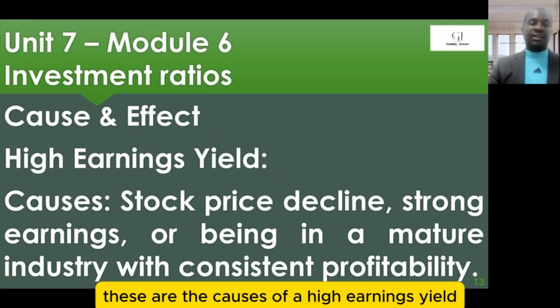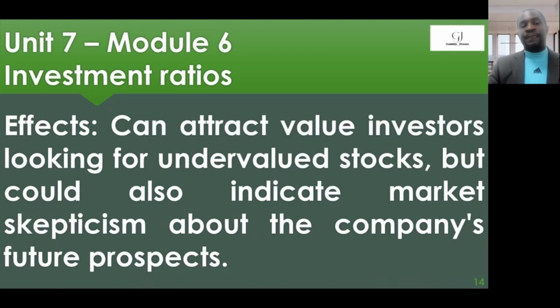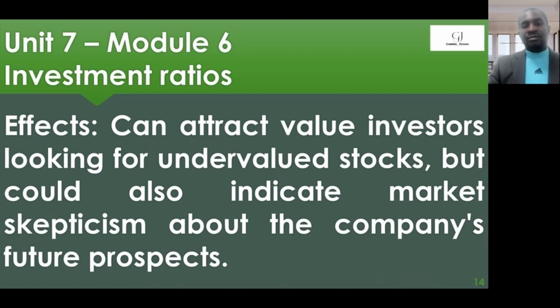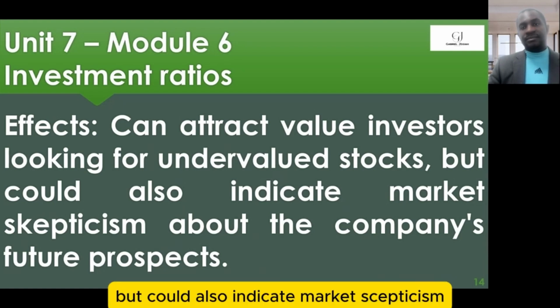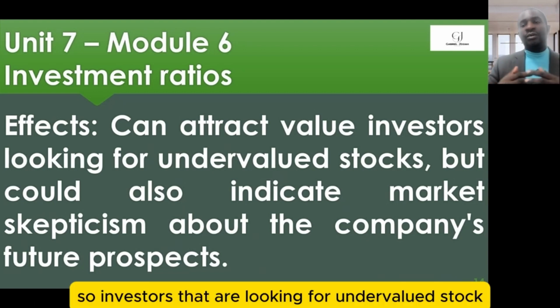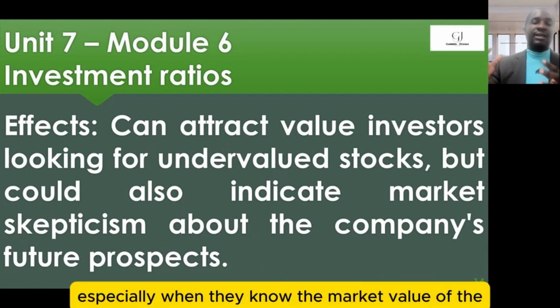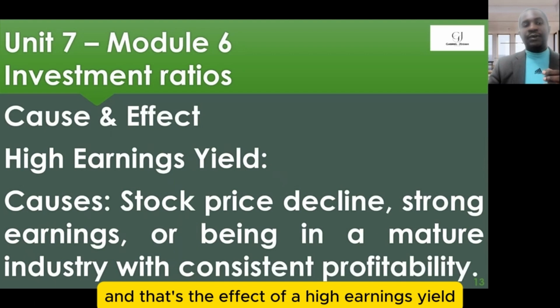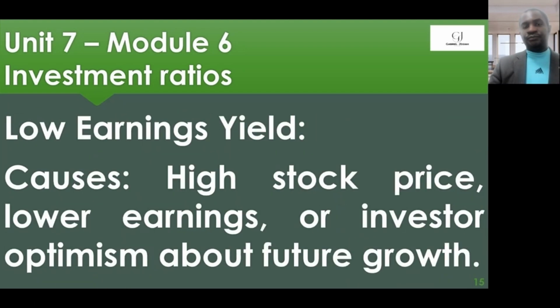The effect is that it can attract value investors looking for undervalued stock, but could also indicate market skepticism about the company's future prospects. So investors looking for undervalued stock, especially when they know the market value of the shares, take advantage of such, and that's the effect of a high earnings yield.